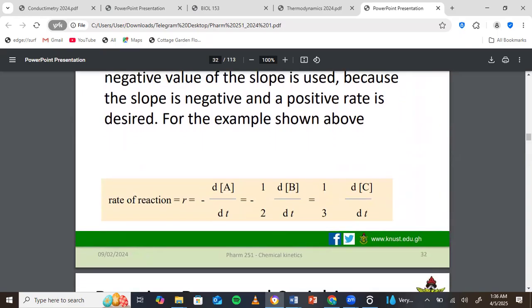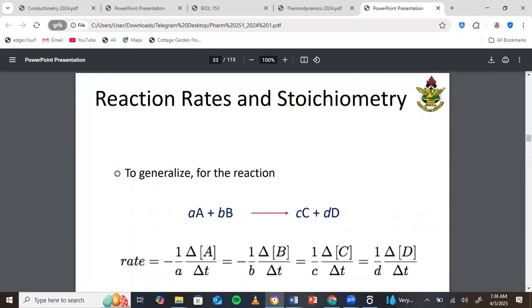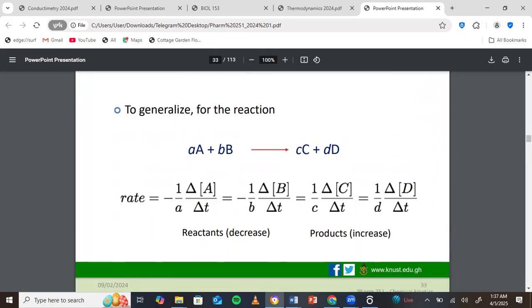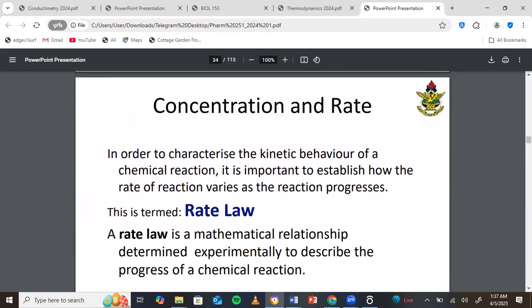The negative is put in front of the reactant to show that they are disappearing, and positive for the product to show that they appear. But to generalize, the rate of reaction will always be the change in the concentration of the species, divided by the change in time, and we always divide by their stoichiometric coefficients. So that is what has been demonstrated at this side. That is it for differential rates, that's rate of reaction.